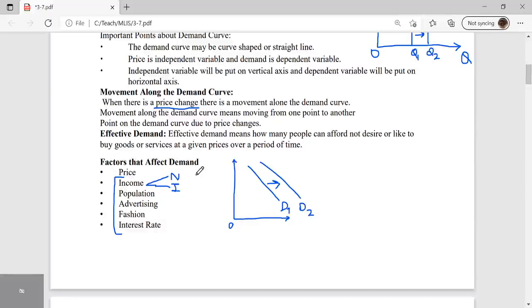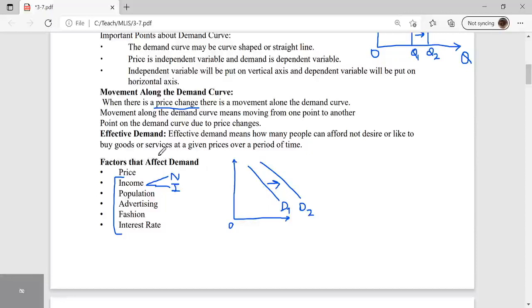An example of inferior goods could be public transport services. If your income rises, you will not go for more public services. Instead, you may go for private transport.